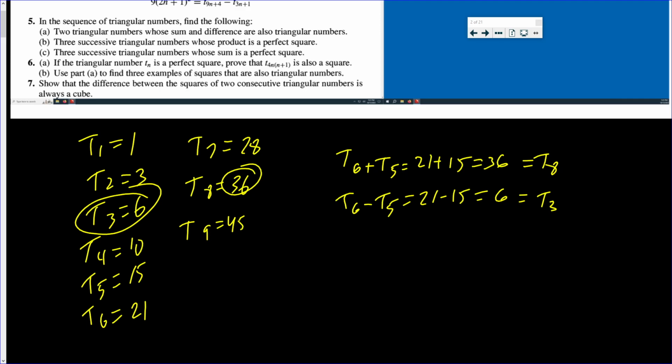So I found a pair of triangular numbers whose sum and difference are both triangular numbers. One should suspect there's going to be more of those.